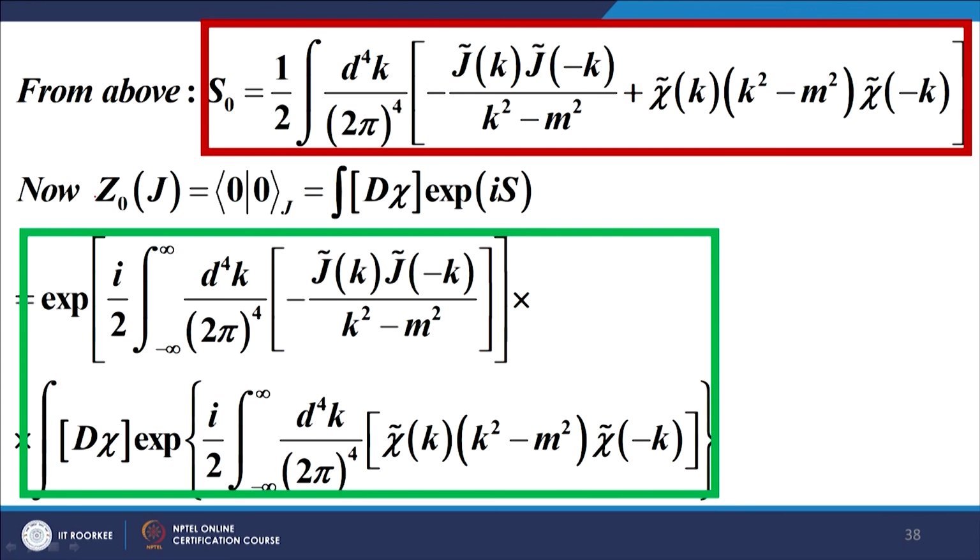So, that being the case, Z0 of j with j equal to 0 must be 1, and if I substitute j equal to 0, the prefactor becomes 0, the exponential of that becomes 1, and the whole prefactor goes away, and what we are left with is the path integral. Therefore, the path integral must be equal to 1.